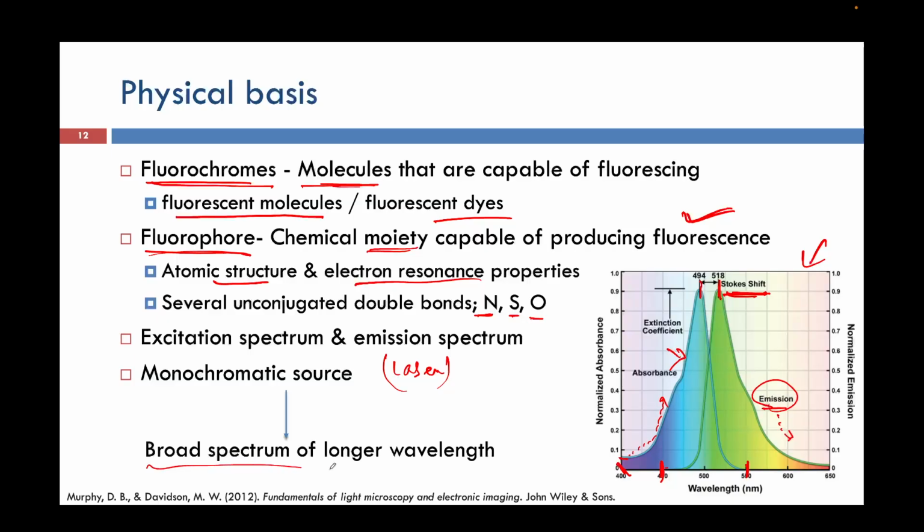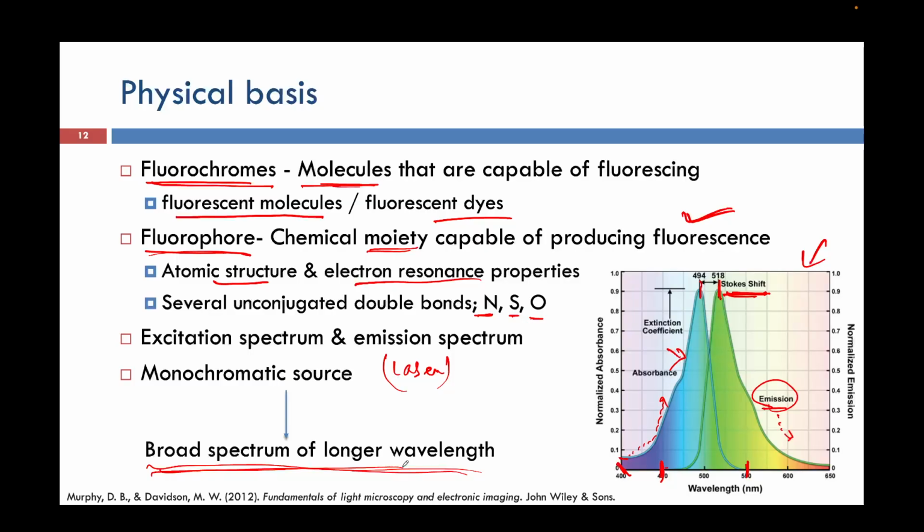Because there will always be a broad spectrum of longer wavelengths. The reason for this broad spectrum is that the electron will release some amount of energy. They might not consume all the energy that is coming from the absorption or excitation spectrum, but in the higher state they will release some amount of energy, whether in the form of heat or vibrational energy.